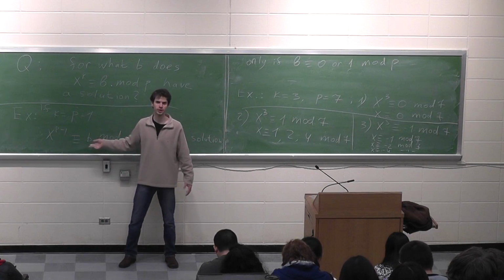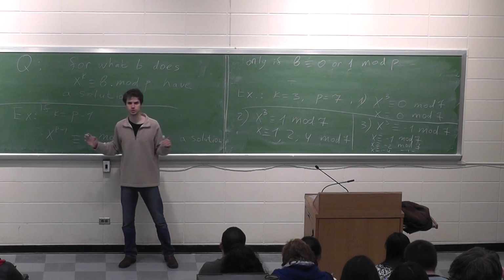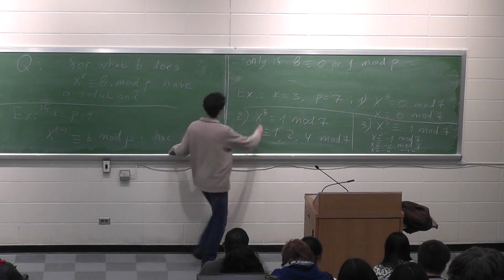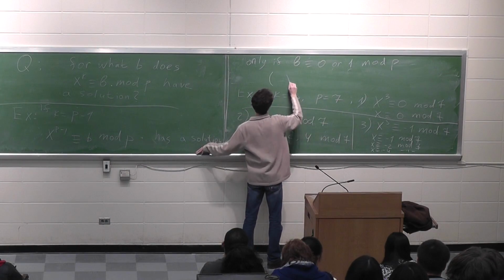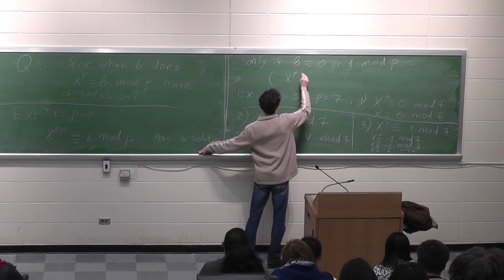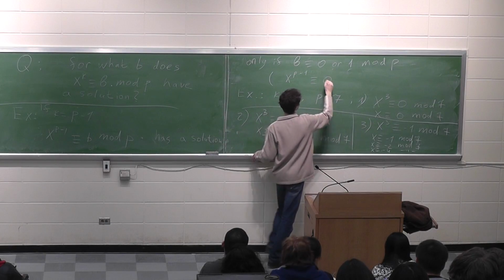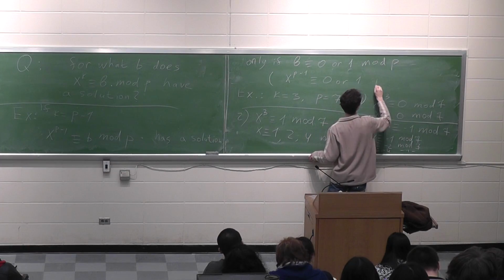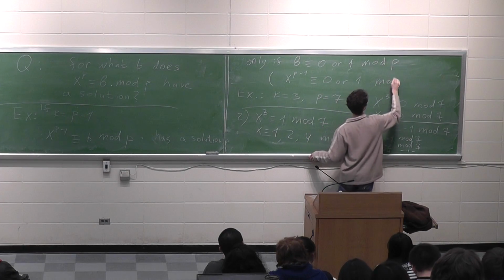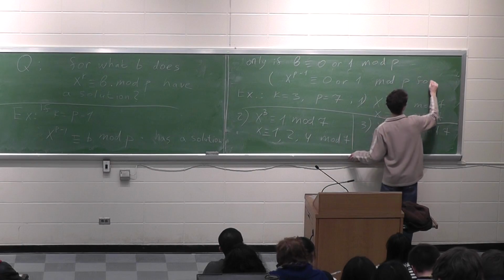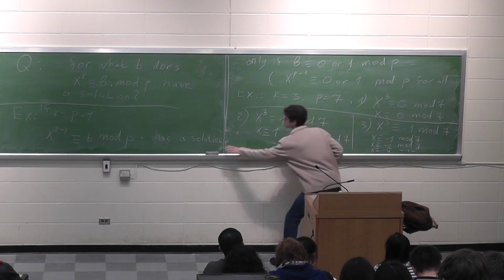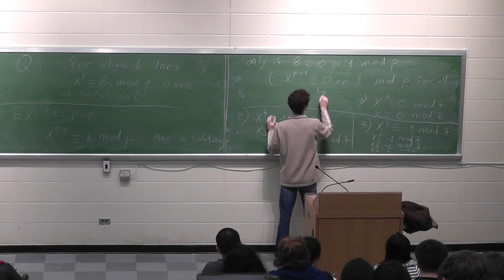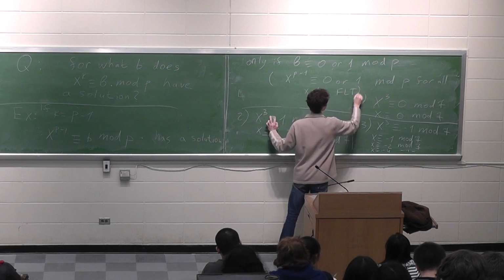If b is not equal to 1, no solutions, because x to the power p minus 1 is congruent to 0 or 1 modulo p for all x by Fermat's little theorem.